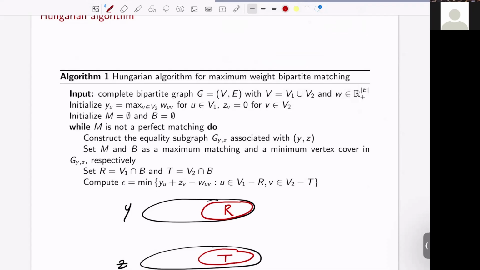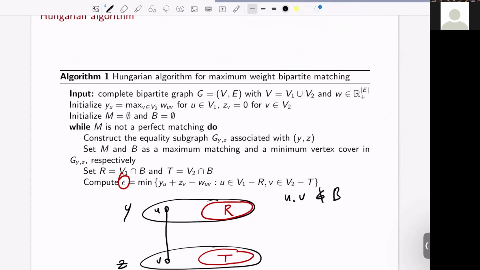Now, the way you pick your adjustment epsilon is you look at the edges that are not covered by this minimum vertex cover B. You want to include one of these edges in your equality subgraph. Let's say this is UV. U and V do not belong to the vertex cover.